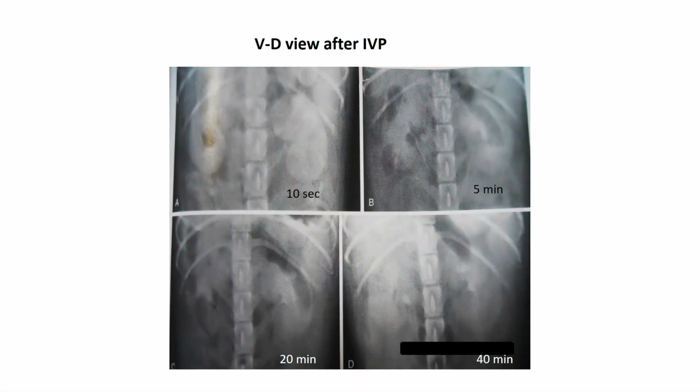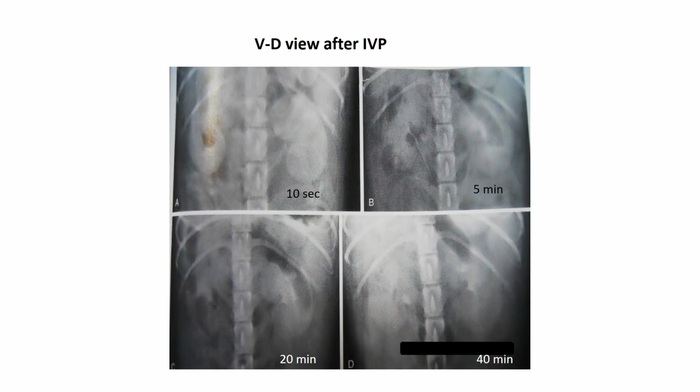Both views you have to take, lateral as well as ventrodorsal view of the animal. In dogs and cats, it is mandatory to anesthetize or sedate the animal, so that you can evaluate any type of condition related to the kidney.